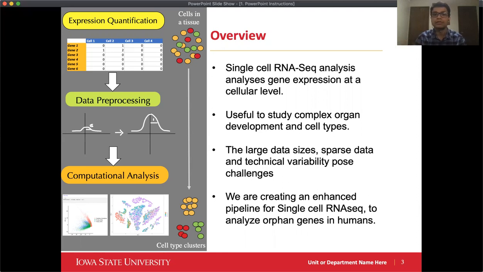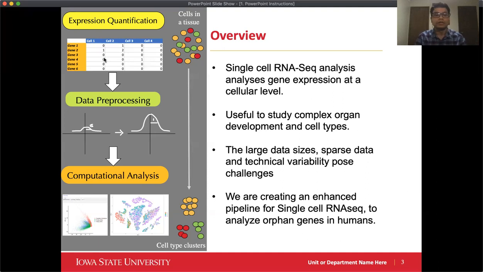So, for example, if we have collected tissue from human brain or human kidney, we will be aligning the reads obtained from these cells to a human genome, and once we align that, we obtain this quantification, the expression matrix, and this will be used for further analysis and unsupervised learning.